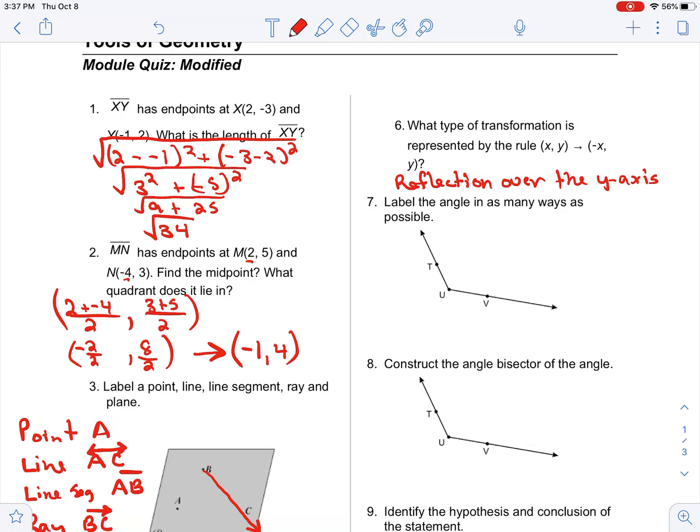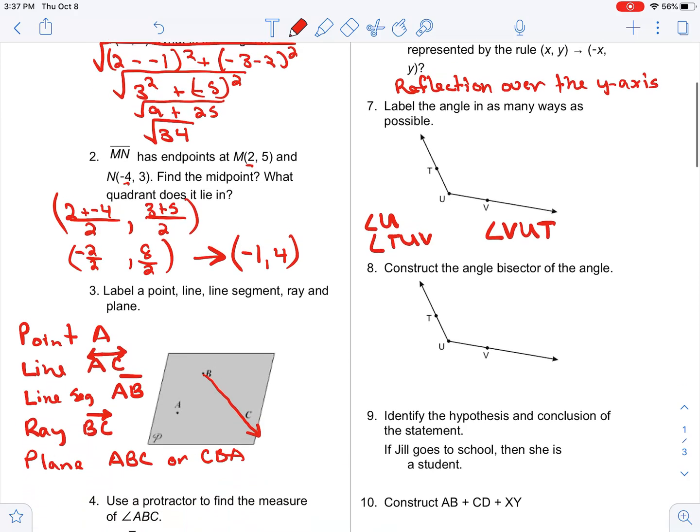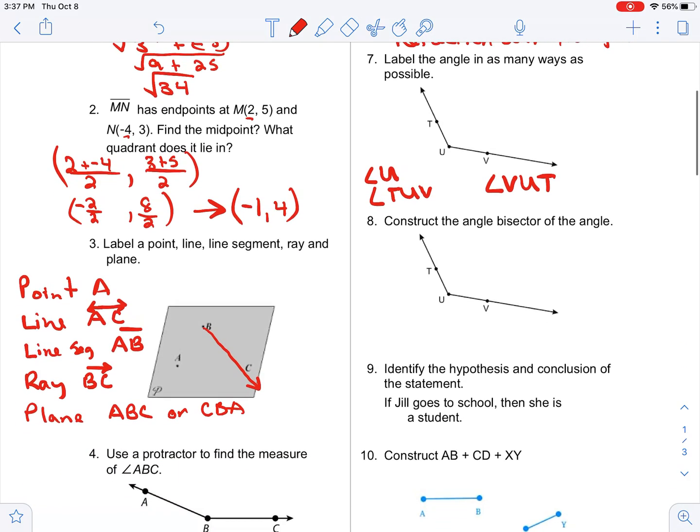Label the angle, so we'd say that's angle U, angle TUV, or we could say angle VUT. Construct the angle bisector. So if I want an angle bisector, first thing I'm going to do is draw an arc on it, anywhere.